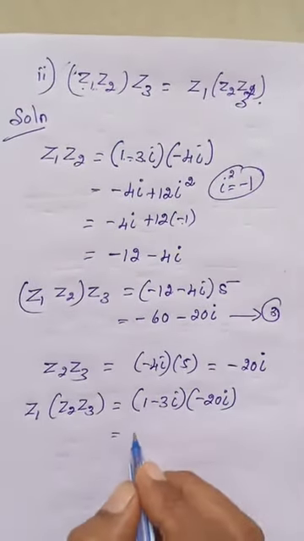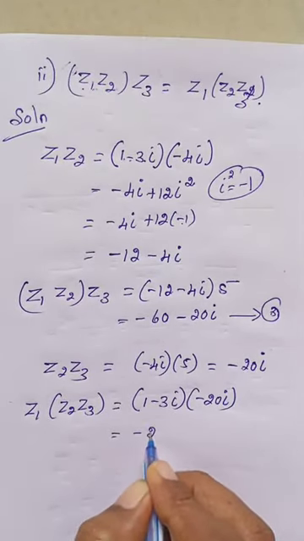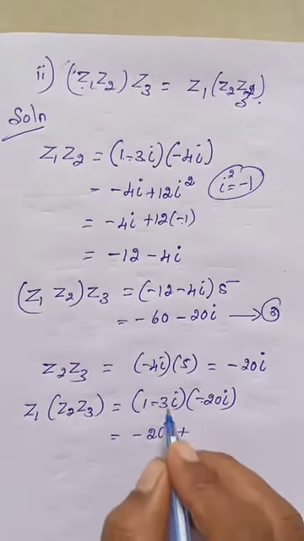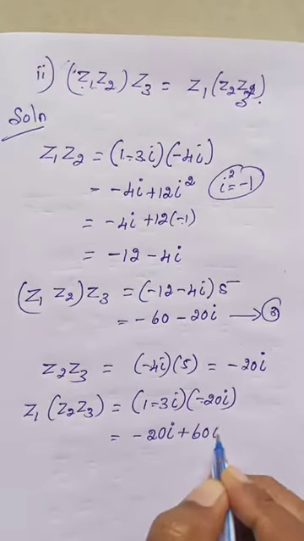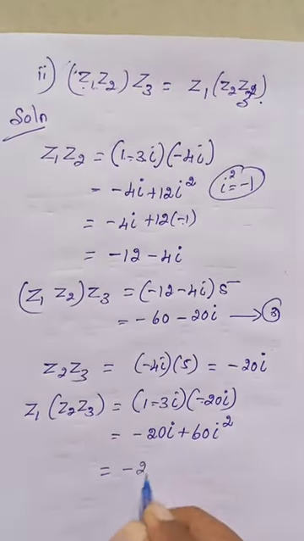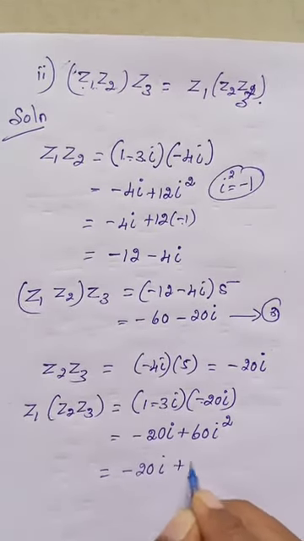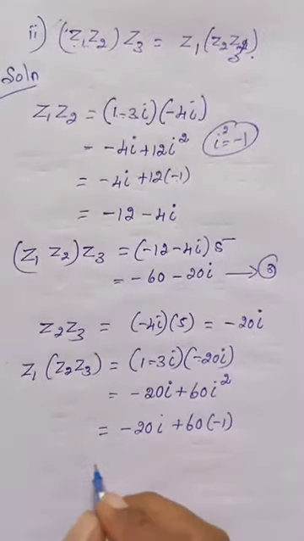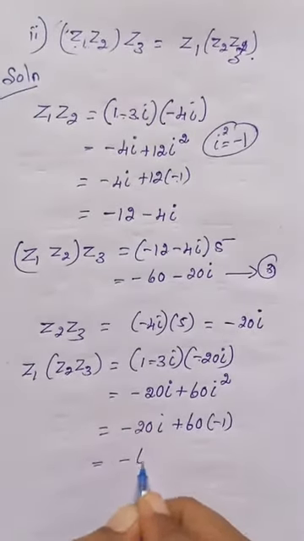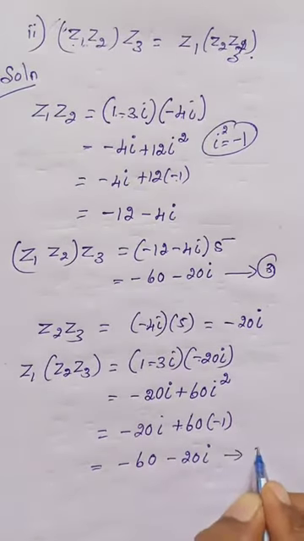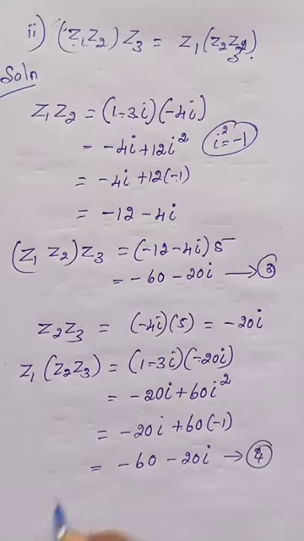So 1 into minus 20i is minus 20i. Minus into minus is plus, 3 into 20 is 60, and i into i is i square. We know the value of i square is minus 1, so 60 into minus 1. Together this is minus 60 minus 20i. I can keep it as equation number 4.